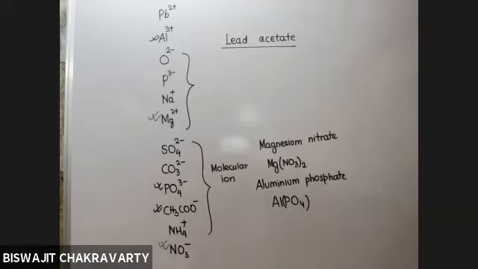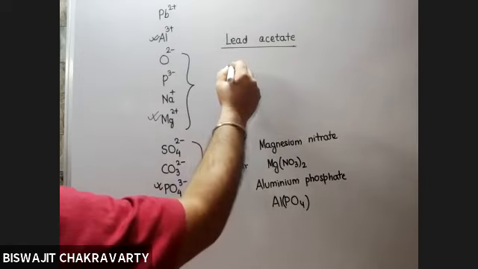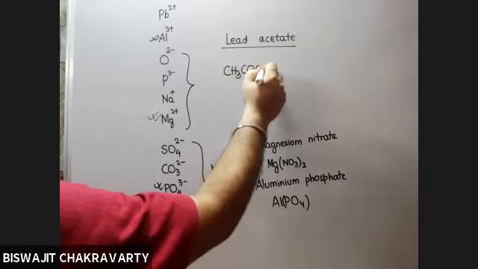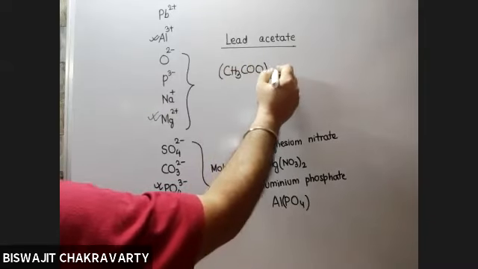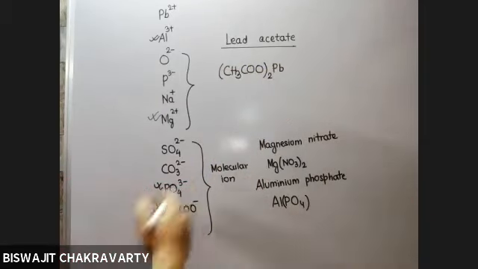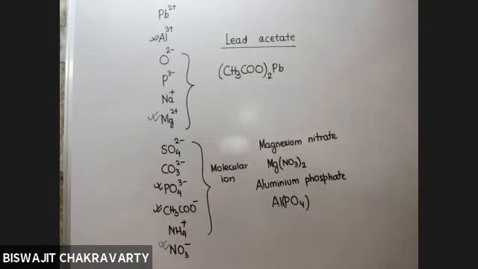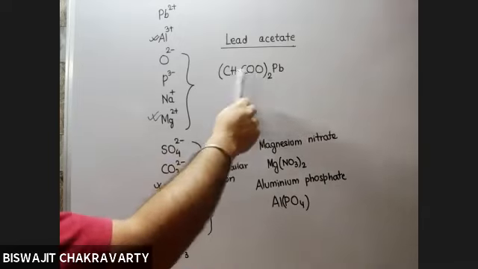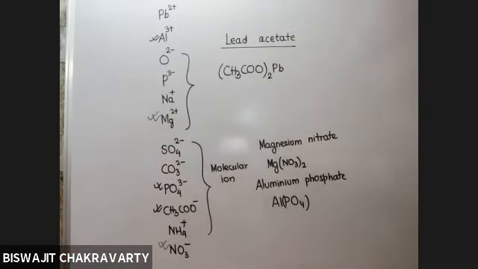Sir, Pb(CH3COO)2. Now here you have to remember that it is the only exception. In general, cations are always written first, but in acetate compounds, it is always the convention to write the acetate first. So it will be (CH3COO)2Pb. Remember it. Otherwise, in every case, we write cation first, then anion, except for this. Okay.